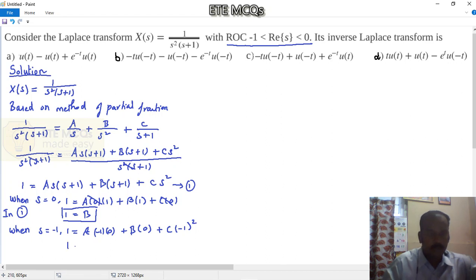So finally we have 1 equal to C. So C is equal to 1. So we have got B equal to 1 and C equal to 1. These two are the values you are getting.